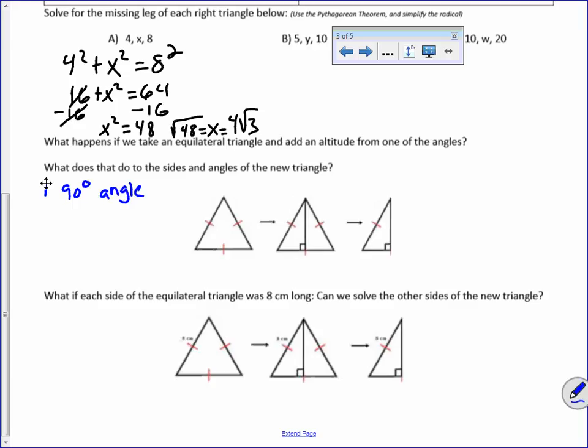Okay. Since it was an equilateral triangle, all the angles have to be 60. So in the cut in half one, we're going to have one 60-degree angle.